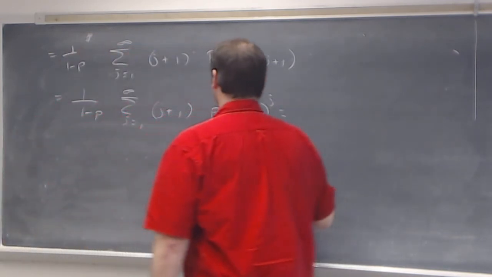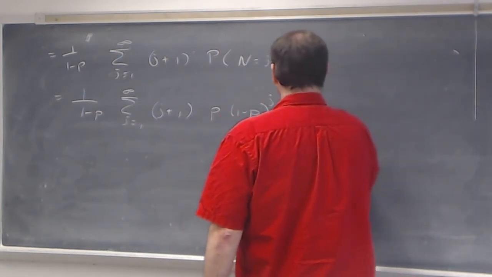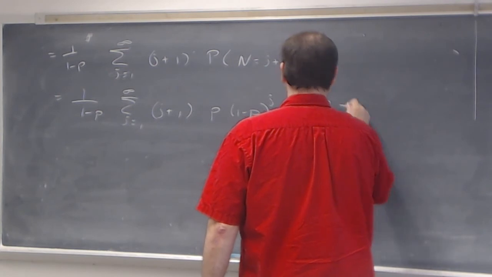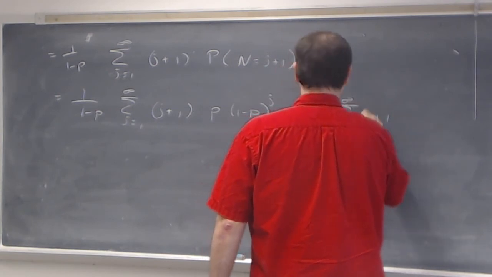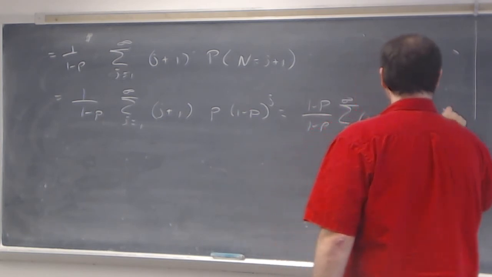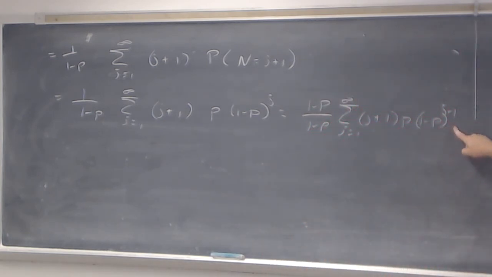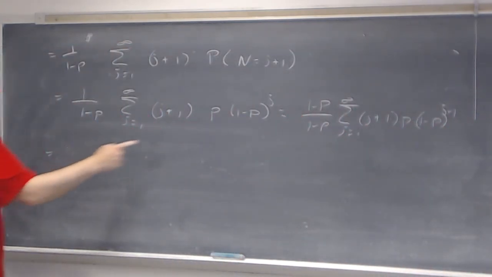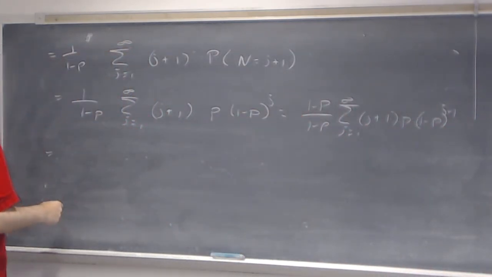I can pull out a 1 minus p, and I get 1 minus p over 1 minus p, sum as j runs from 1 to infinity of j plus 1 times p times 1 minus p to the j minus 1. That's equal to 1 minus p over 1 minus p, that's just 1.